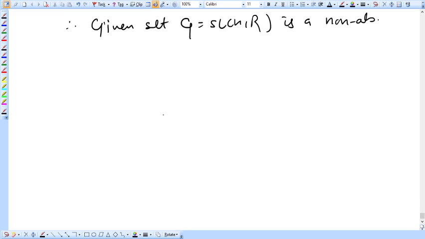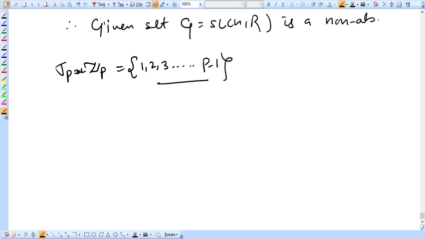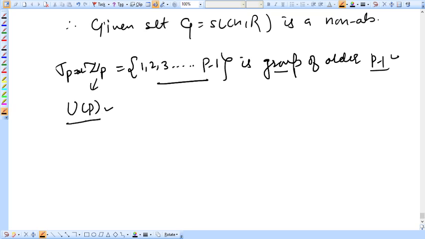And we also saw there that Z_p star, equal to 1, 2, 3 up to p minus 1, is an abelian group of order p minus 1. We did it in the last video. This group is also represented by U_p.